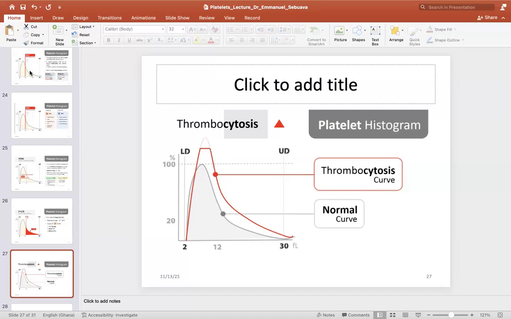There are times that you have mutations like JAK2 mutations that actually impact on the platelets. You have thrombocytopenia in some cases like that.